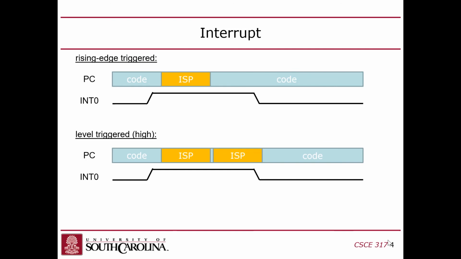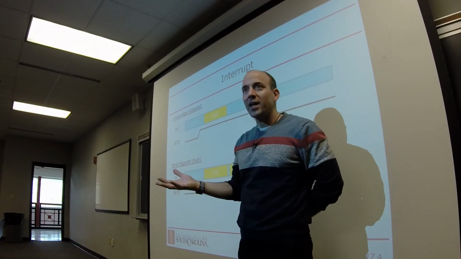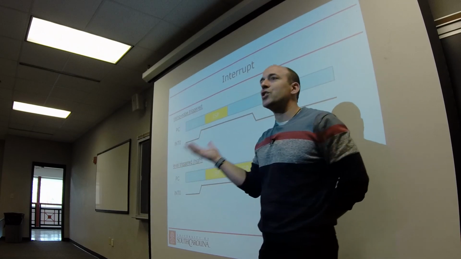Likewise, it'll also ignore the fact that the interrupt request is still high even after it gets done with the interrupt service routine, right? That's the advantage of the edge sensitive.